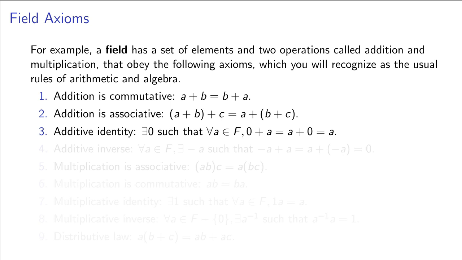In other words, adding 0 to something doesn't change it. Next says that for every element in the field, there's an additive inverse. It's usually denoted by minus A, and its important property is that if you add minus A and A in either order, you get back 0.